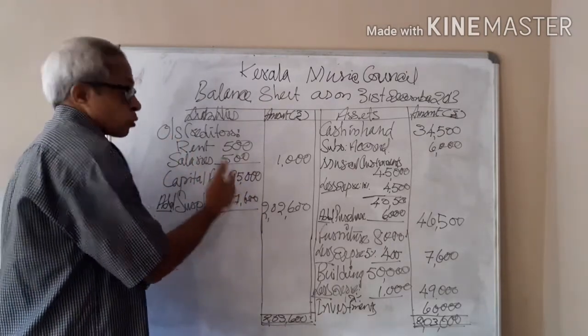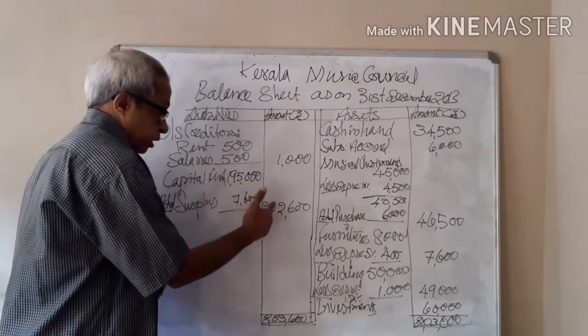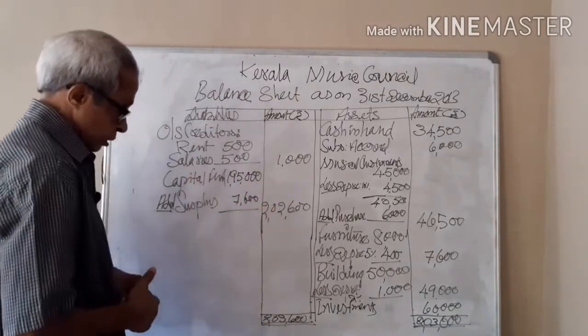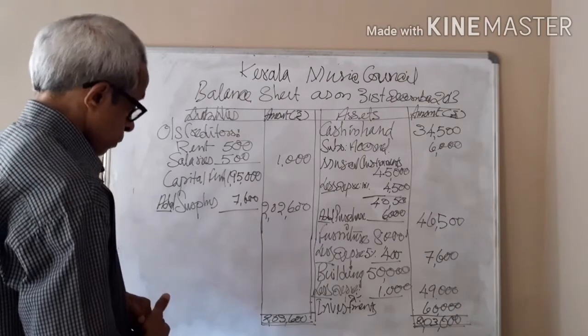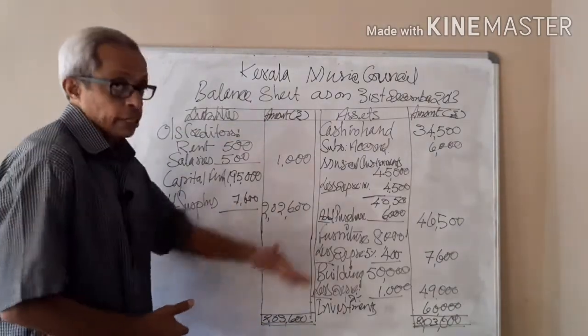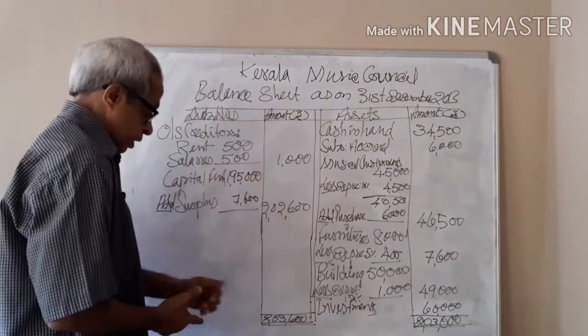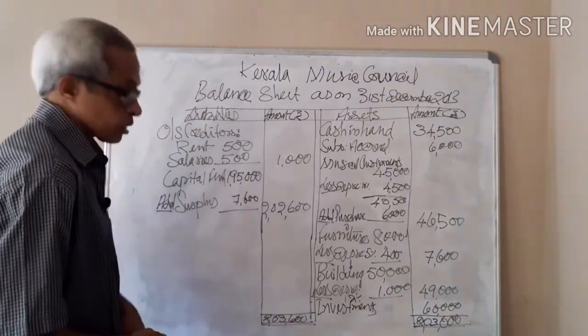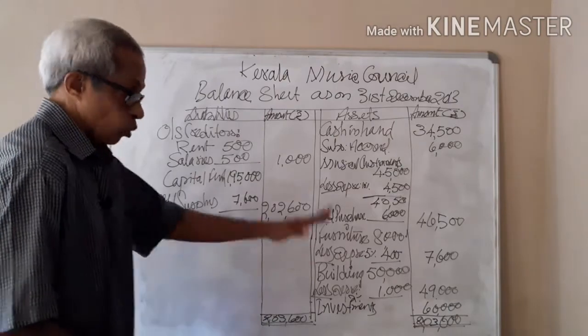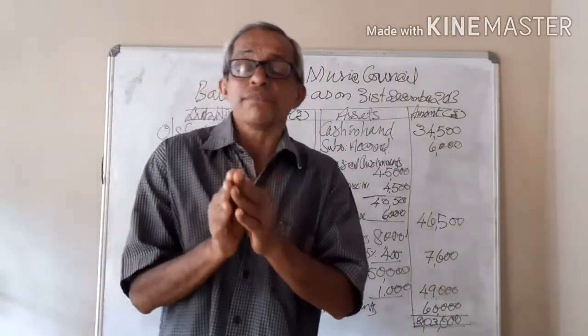The total amount of the capital fund is 2,02,600. Then we total the two sides, that is the liability side as well as the asset side, the total being 2,03,600 on both sides.